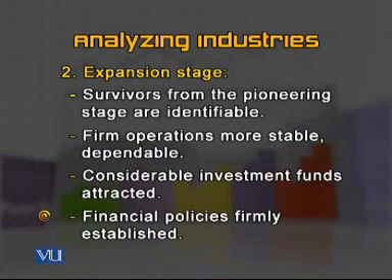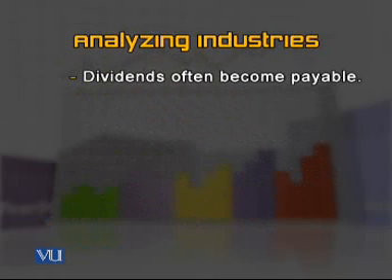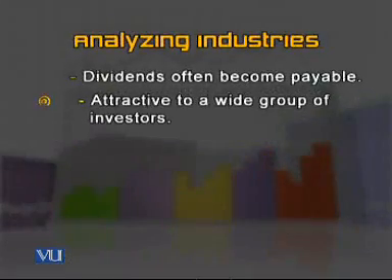Now, financial policies are by now firmly established. A direction has been set by the companies, and you can look at dividends being visible. Dividends often become payable at this particular stage. And at the expansion stage, the company becomes visible and attractive to investors.